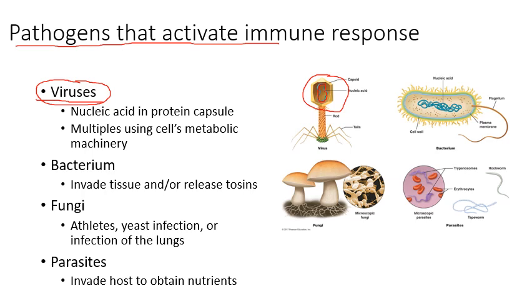And so what they do is they gain access once they get into the body and the bloodstream, they gain access to cells of the body. In this case, for coronavirus, this virus will gain access into cells of the respiratory tract. And what they do is they basically hijack the metabolic machinery of the cell and use that machinery to replicate more and more and more of these viruses.